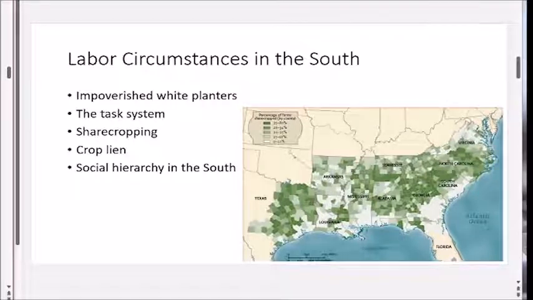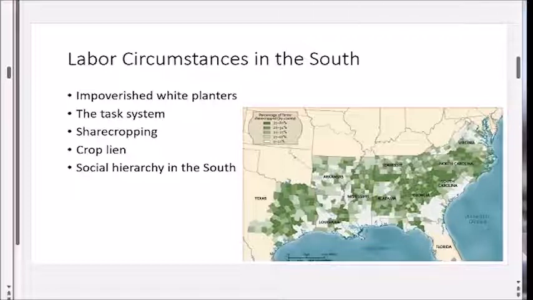You still have the white planters at the top of the social hierarchy, right? They're still the most wealthy, even though they took a big hit after the Civil War. Now you have a large free African American population in the South, and many are sharecroppers. Many African Americans are also wage workers, right? Working for wages for a white employer, maybe in agriculture, maybe in business, maybe in industry.